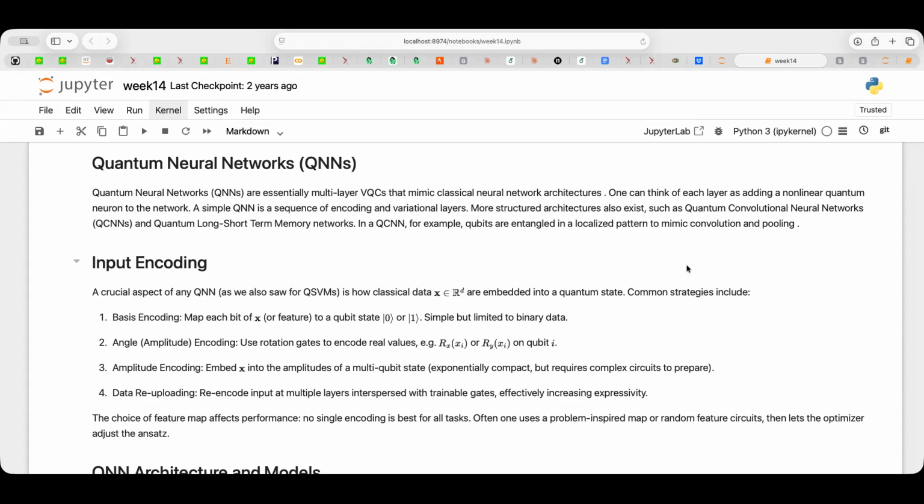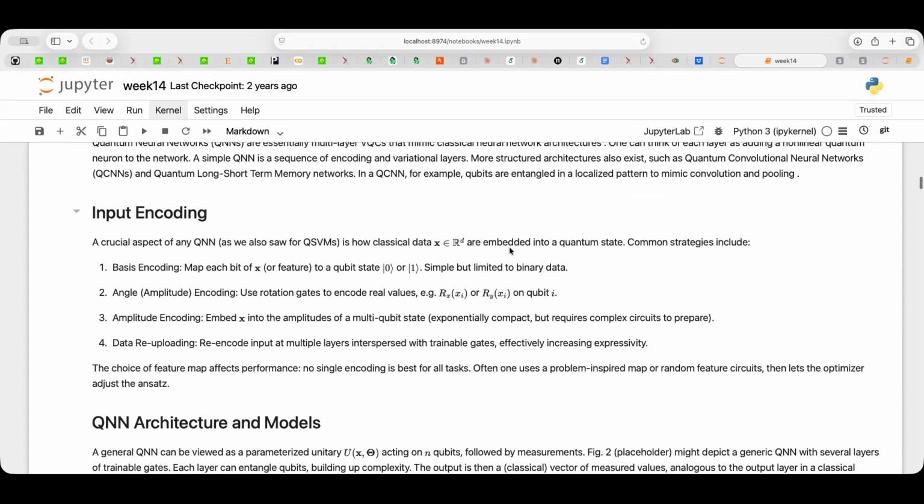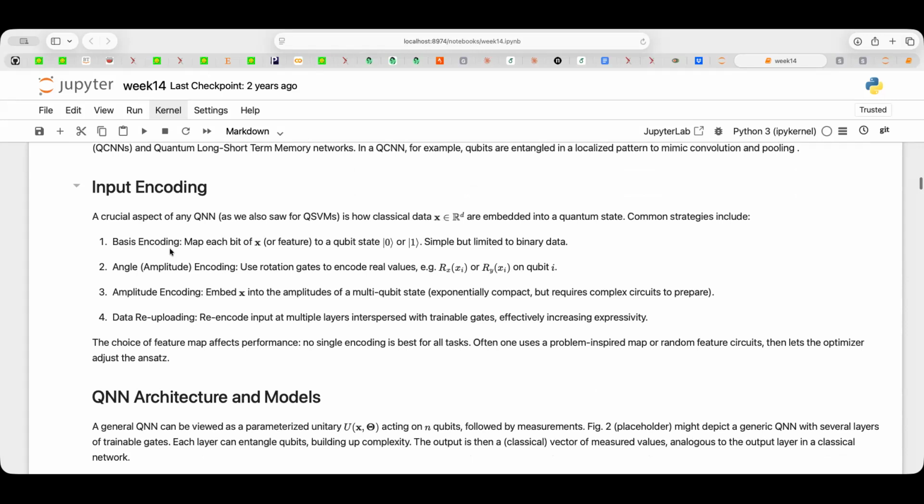A crucial aspect is how classical data are embedded into a quantum state. Next week, we will look at some of these details on how we can encode the classical data. You need a basic encoding, where you map each bit of X or feature to a qubit state.